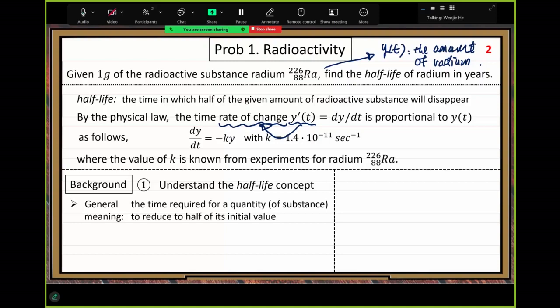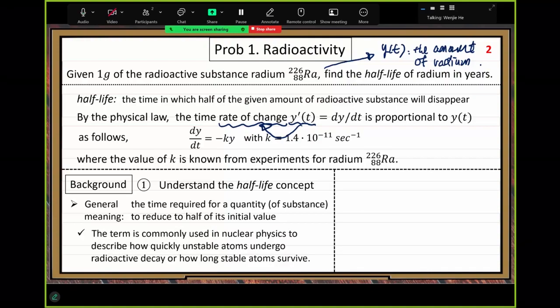So that's how humans develop their knowledge. In the long history of mankind, it's a very common way. All right, so here, the term is commonly used in nuclear physics.